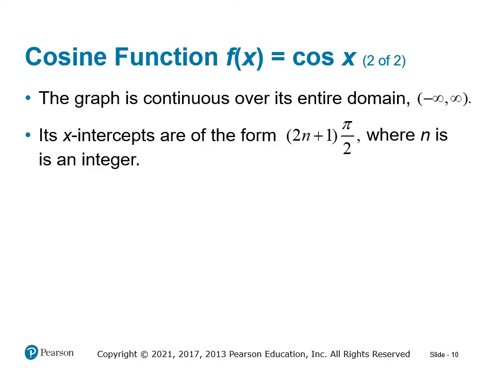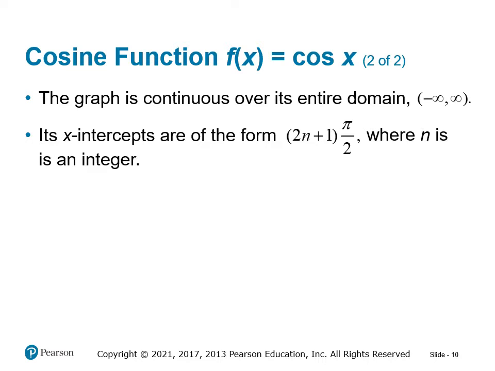So what this multiplier in front, 2n plus 1, is doing is making sure that this x-intercept is always multiplied by an odd number. For example, if n is equal to 0, then we get 1 pi over 2, or 90, where cosine is 0. If n equals 1, we get 2 times 1, which is 2, plus 1, which is 3 pi over 2, which is the same as 270, where cosine is again 0.